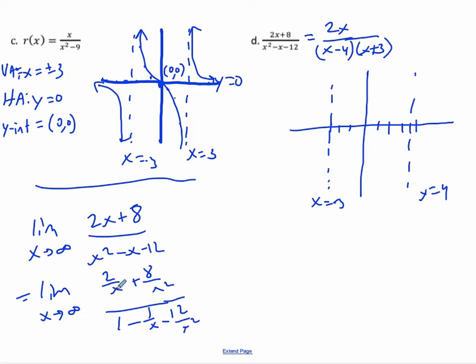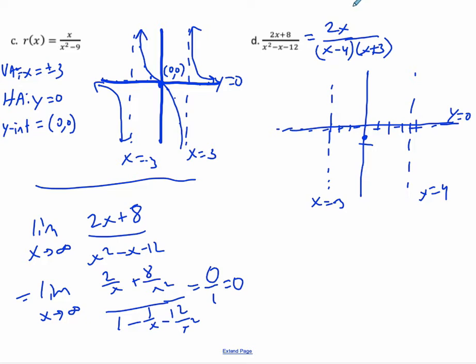And all these terms go to 0, so you're going to have 0 over 1, which equals 0. That gives you the horizontal asymptote of y equals 0. And for the y-intercept, we can plug in x equals 0. We're going to get negative 2/3 as your y-intercept. Okay, so we have negative 2/3.